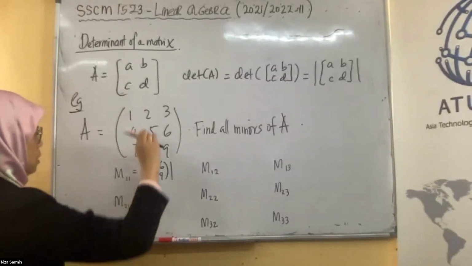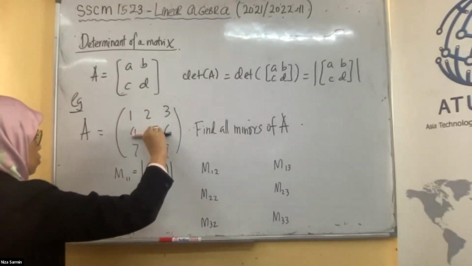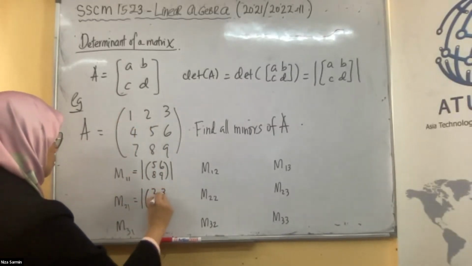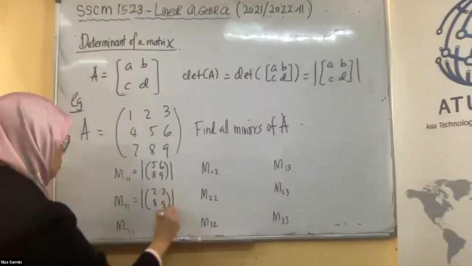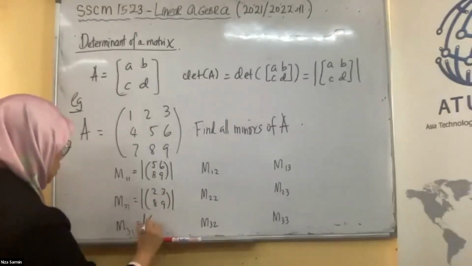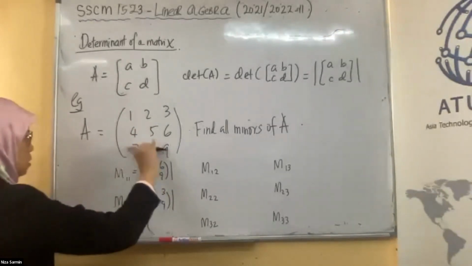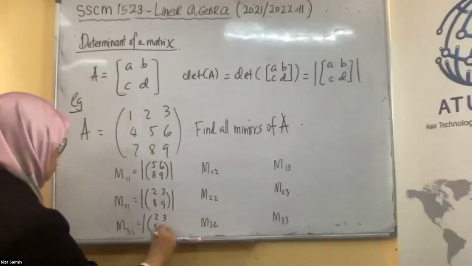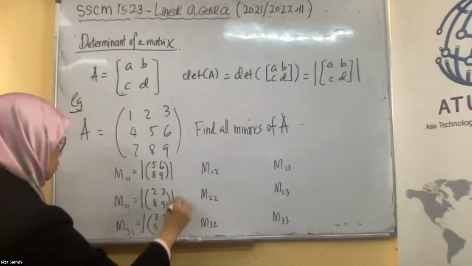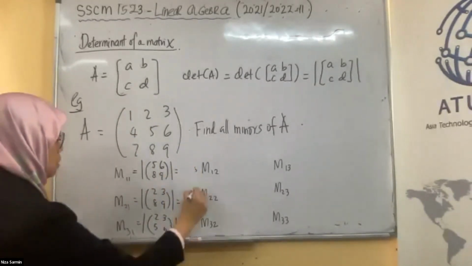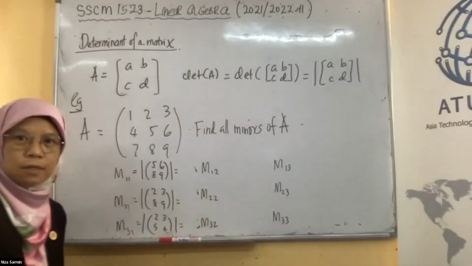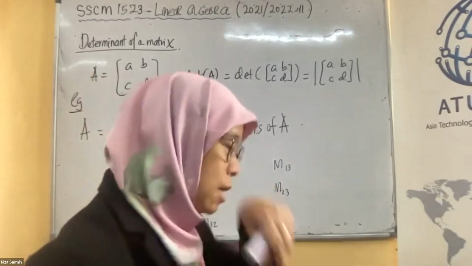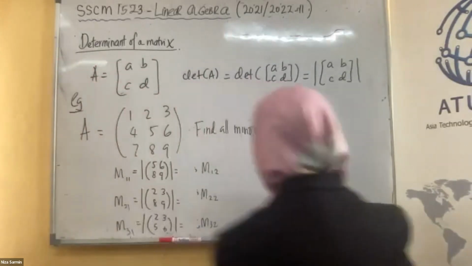This one, delete row 2, column 1. This one, you delete row 3, column 1. Then you fill in the rest. I'm just showing you 3 of them. Dot, dot, dot.